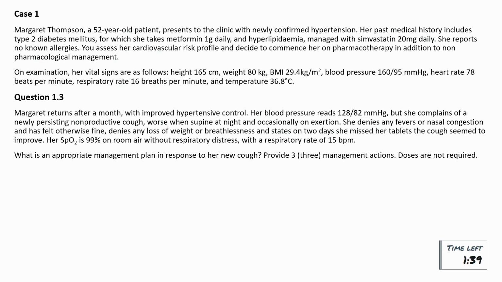She denies any fevers or nasal congestion and is felt otherwise fine, denies any loss of weight or breathlessness, and states on 2 days she missed her tablets, and the cough seemed to improve. Her oxygen saturations are 99% on room air, and there's no signs of respiratory distress with a rate of 15. What is an appropriate management plan in response to her new cough? Provide 3 management actions. Doses are not required.